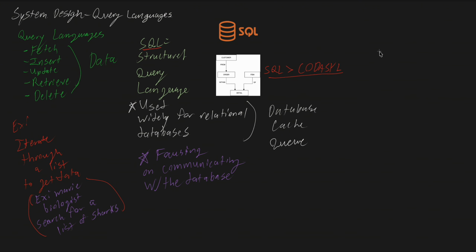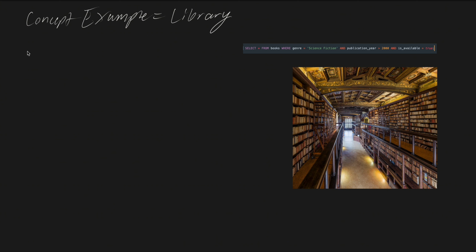Now to go over a concept example, let's imagine a library database containing millions of records, each representing a book, author, genre, publication year, and availability status. A librarian wants to find all available science fiction books published after 2000 for a themed display. If we use an imperative approach, the librarian would need to script a detailed procedure.